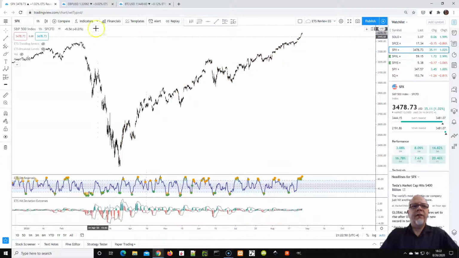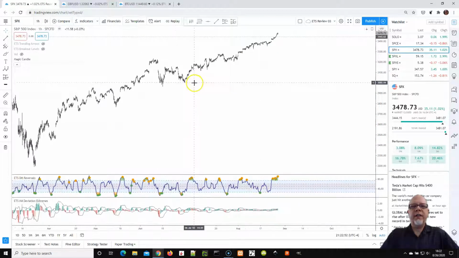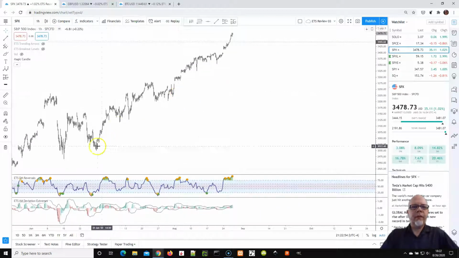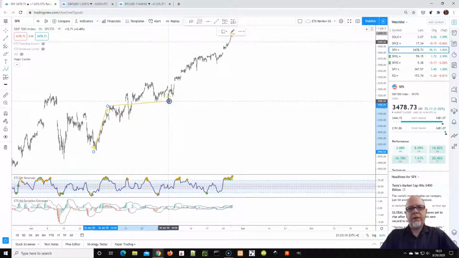So, even if we look in more detail at this area over here, what exactly are we looking at? It could be that we're looking at something like this: 1, 2, 3.